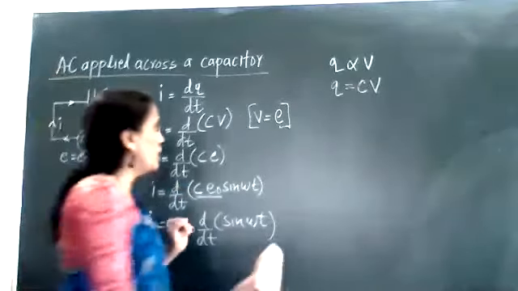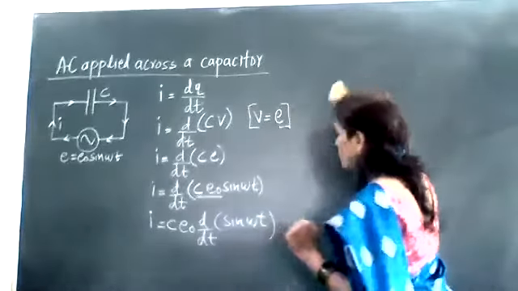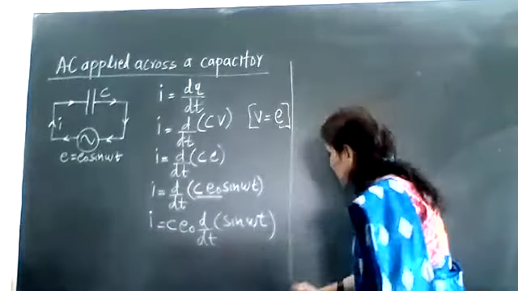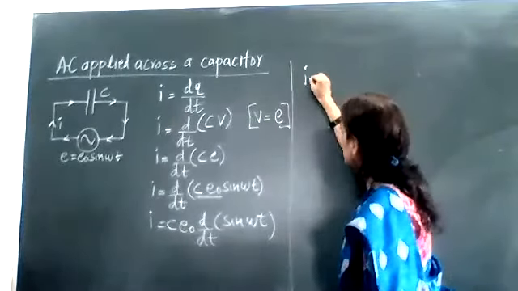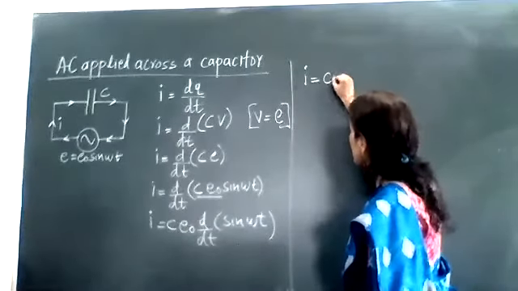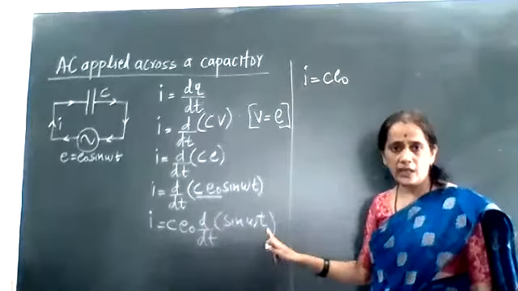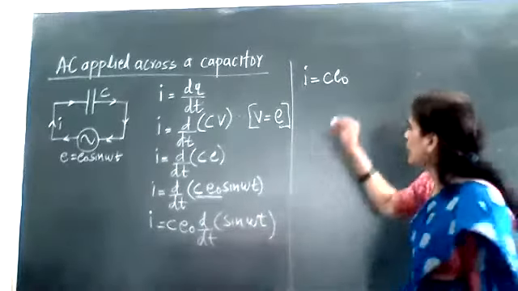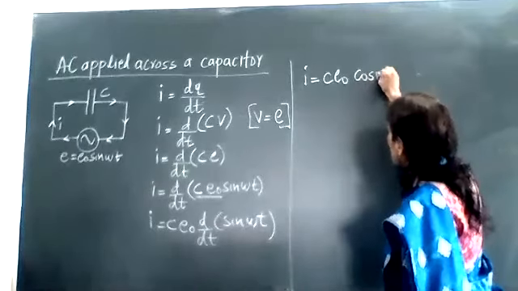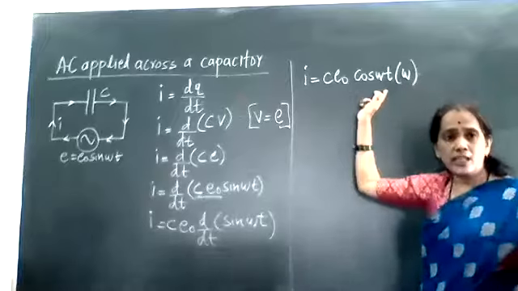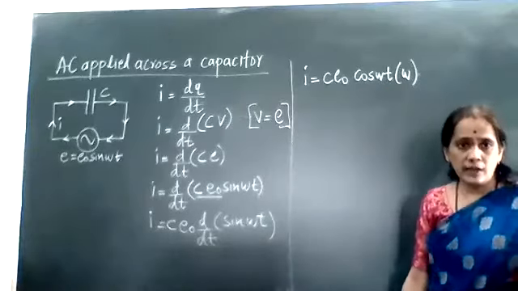Now in mathematics you have seen the derivative of the sine term, and it can be written as I is equal to C E0 d/dt of sin omega t. d/dt of sin omega t is nothing but cos omega t into omega. Omega is nothing but the derivative of omega t.